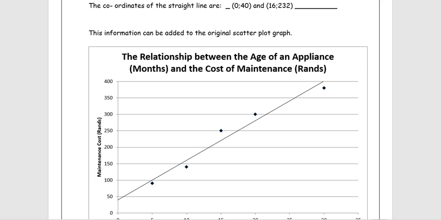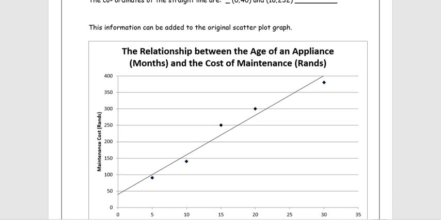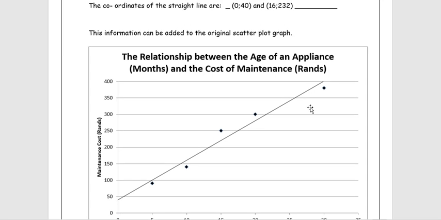Okay, if we go back to our scatter plot, I'm going to go 0 and 40, and I'm going to plot my point over there. So it is going to be on my y-axis because it is a y-intercept. Okay, please remember, it's not going to go through the y-axis.